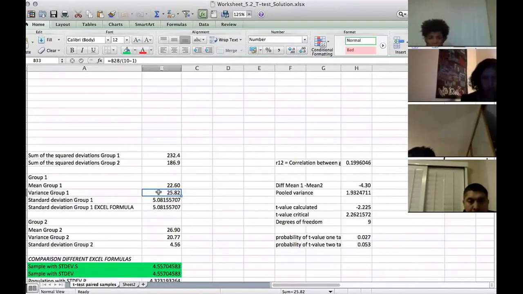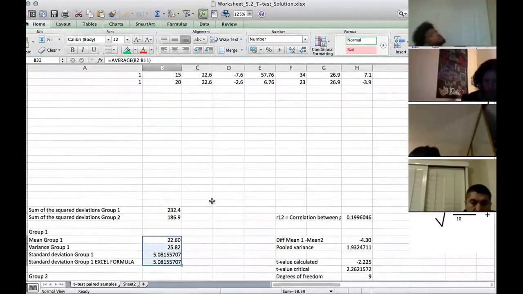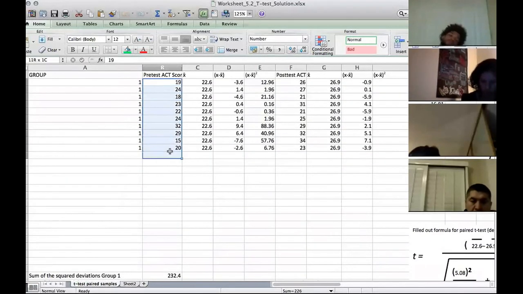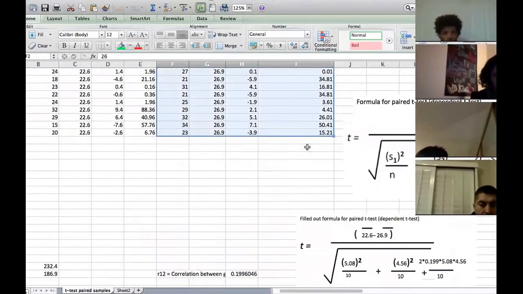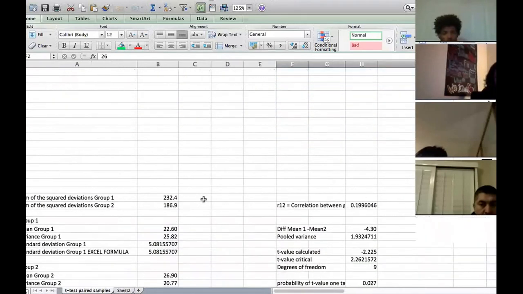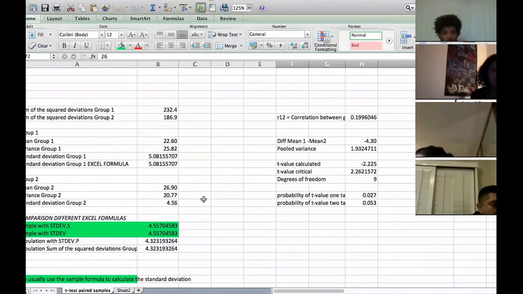And the square root of the variance gives us the standard deviation. These numbers should look really familiar because they're based on the same individual scores that we used earlier. Now we do the same thing for the second group, and these numbers are again the exact same as what we did earlier.